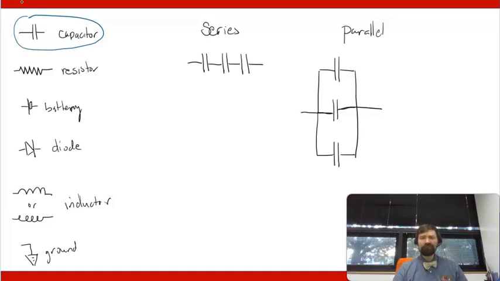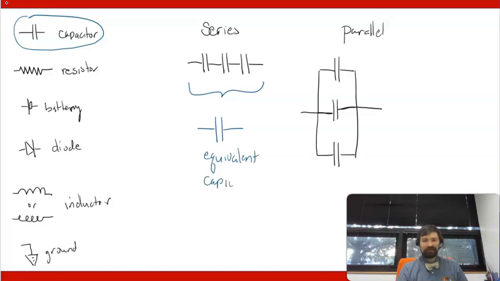Now what we want to do with series and parallel combinations is essentially take this combination and say, if we were to replace the combination with a single capacitor that is equivalent, so we could call this an equivalent capacitor, what would the properties of that equivalent capacitor be?